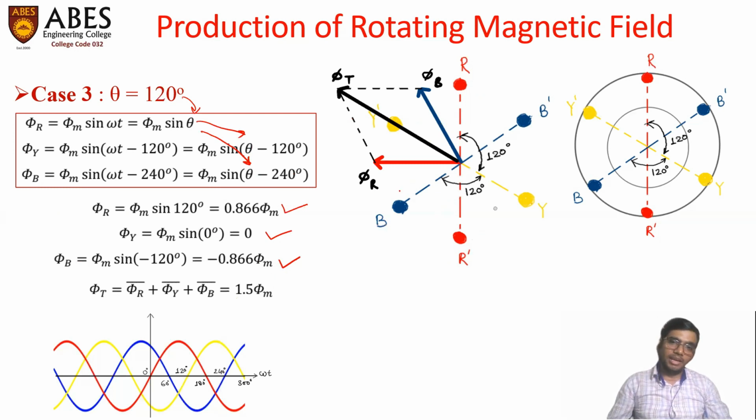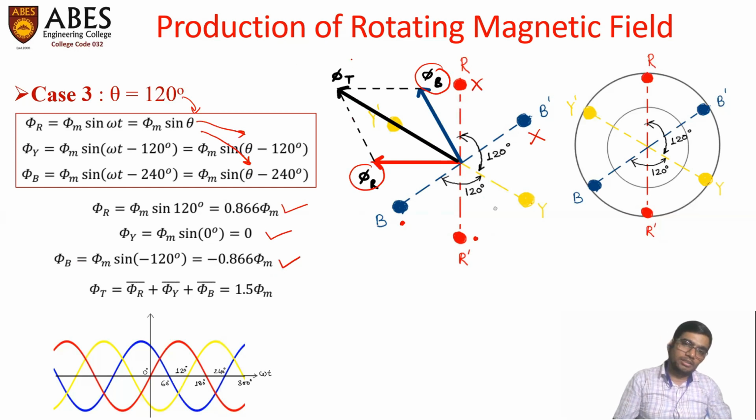So phi r is of positive value, then here current will be inward and here outward. And for blue phase, it is of negative sign, so current will be here inward and outward. So we can draw phi r and phi b by using the right hand thumb rule.